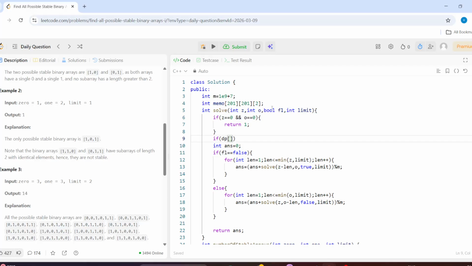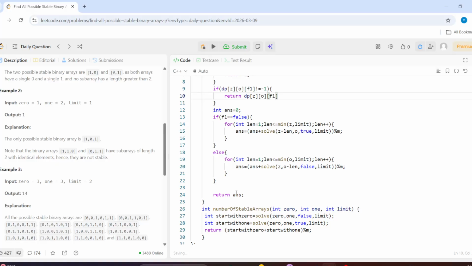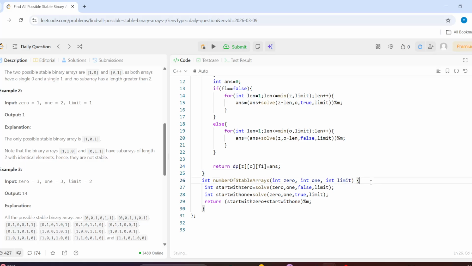If dp of z o flag is not equal to -1, return this thing. And to do this, we will memoize, initialize it with -1, size of memo.